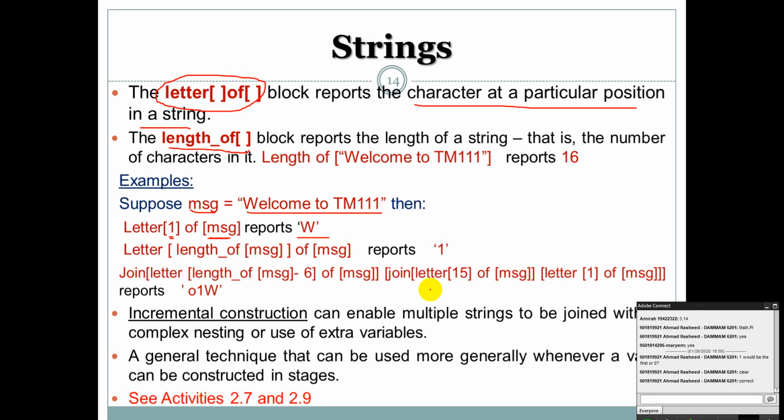But here in OUBuild, we keep the index from 1. So welcome, W is at the first index, E at the second, L third, C fourth, and so on. Length will give you the number of characters, including the spaces. So you count the number of characters, which is 16.